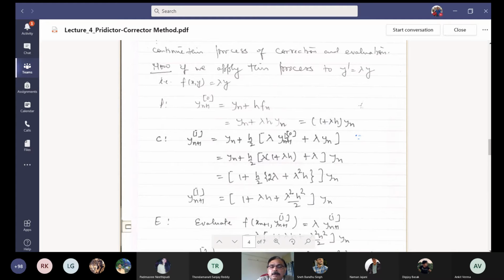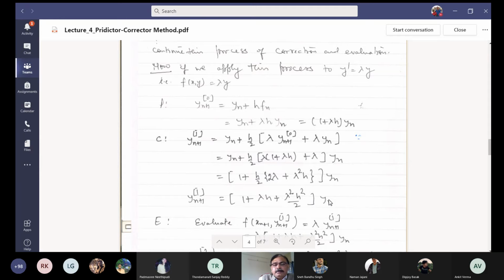So once we put this value, plus lambda y n. So we'll put this value y n plus 1 superscript 0 here. So this is lambda times 1 plus lambda h plus lambda, outside y n, h by 2 is taken out. In other words, we can rewrite, I'm just moving directly, y n plus 1 superscript 1 equal to 1 plus lambda h plus lambda square h square by 2, and then y n.